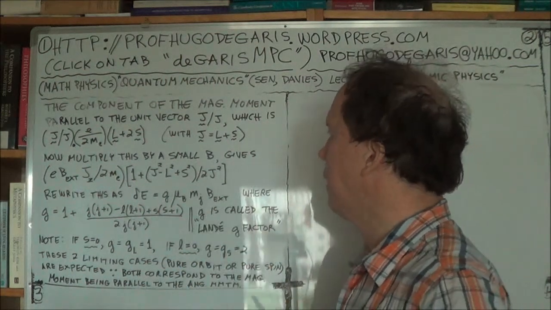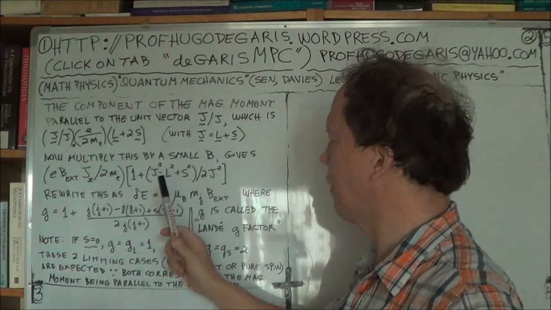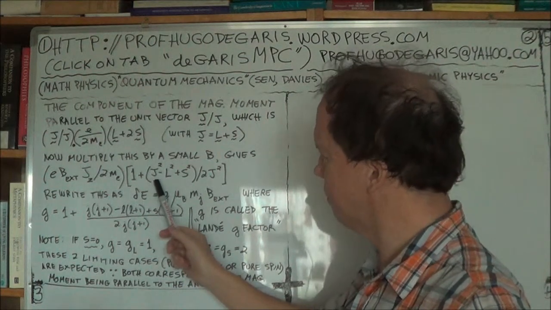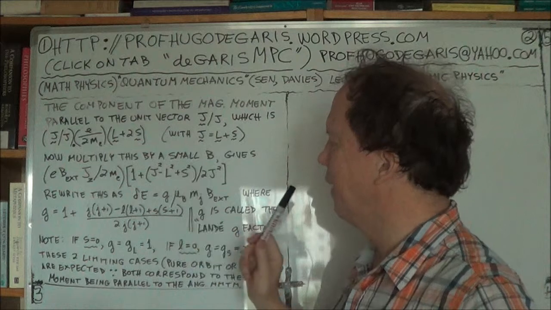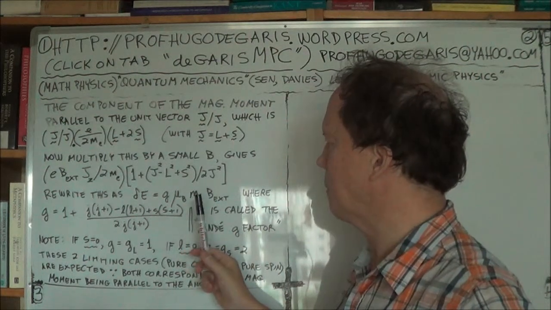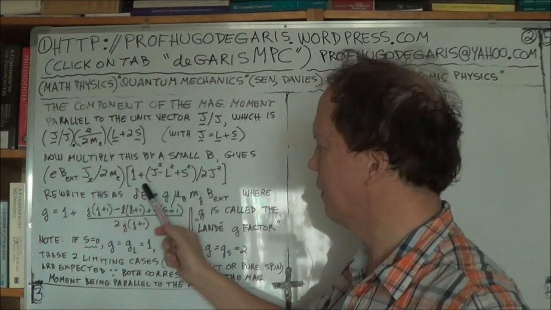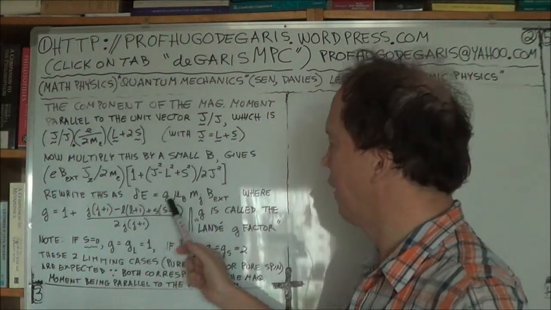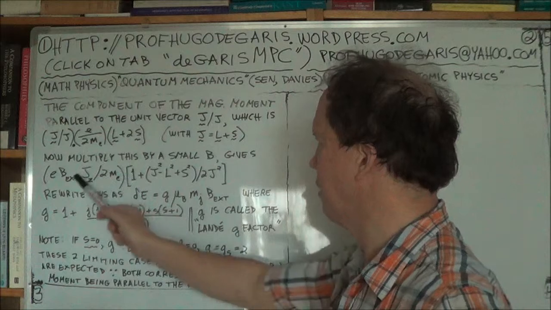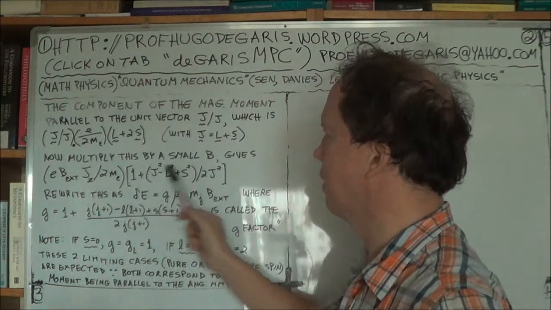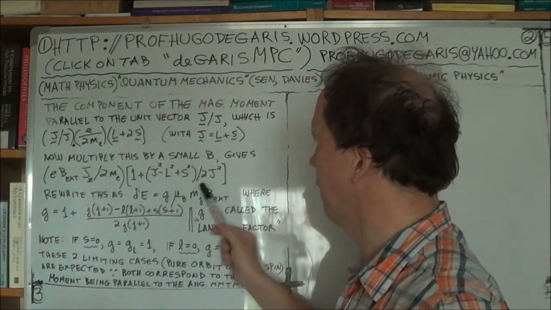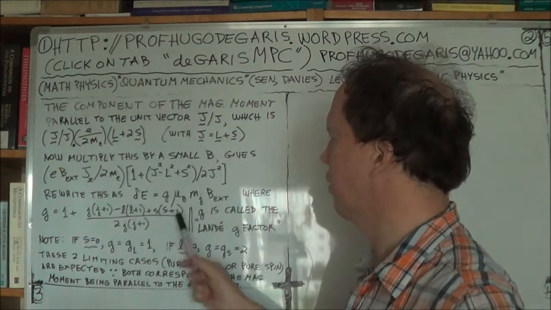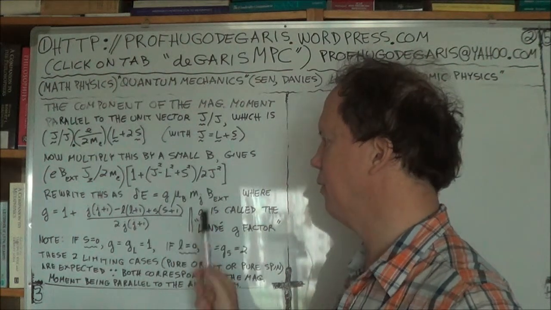Now put them as operators, put hats over them, and then you can find the energy correction. Rewrite it in this form. So we've got a new G here, a new definition.